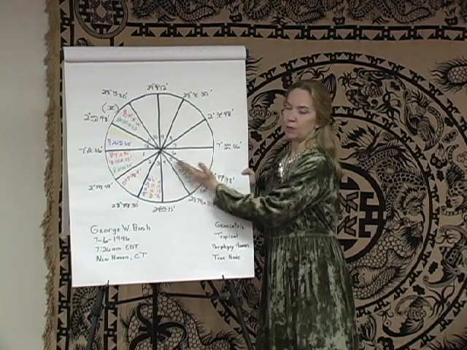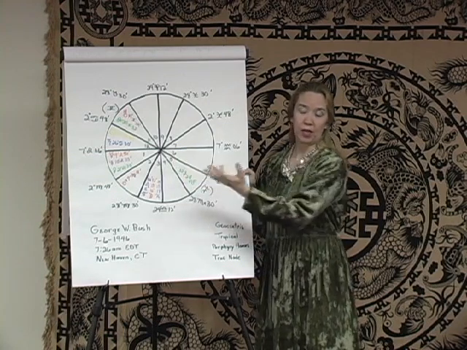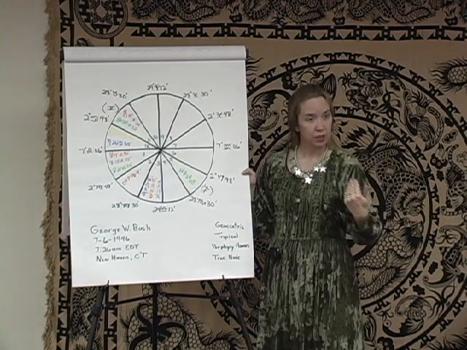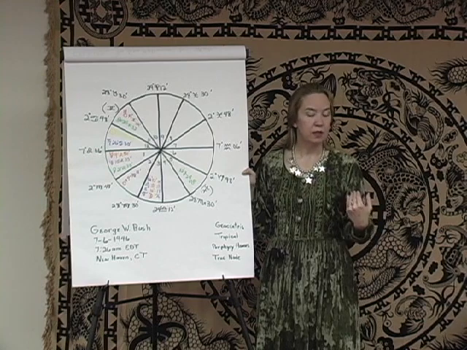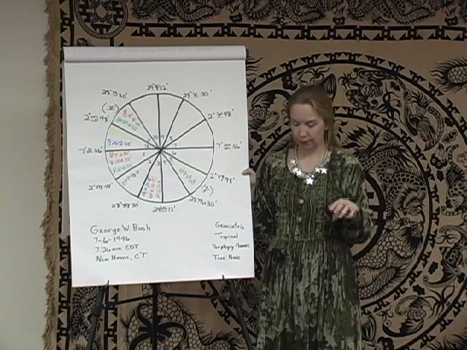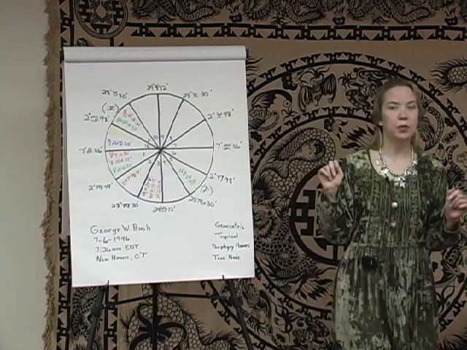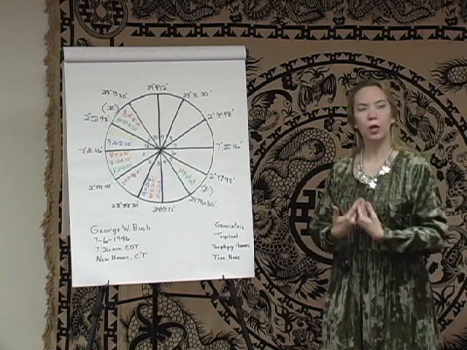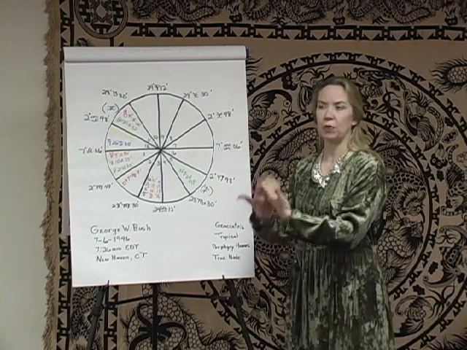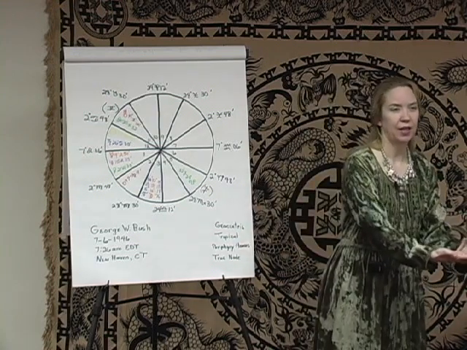One of the things about Leo and the 5th house, when we have it in its unevolved awareness, is it's like the child who will have the temper tantrum in order to get attention. If we don't know how to get attention from the parents in a positive way, we'll get it in a negative way.